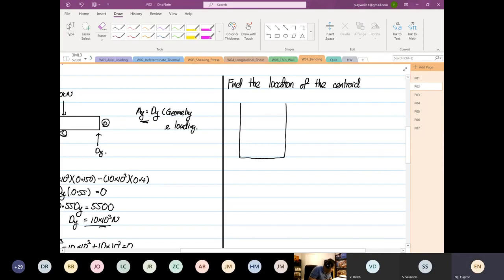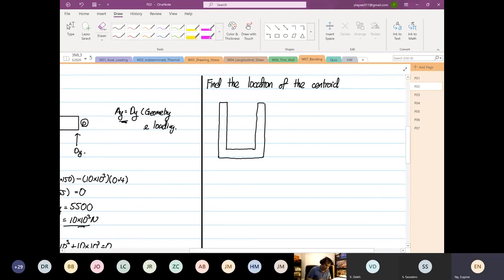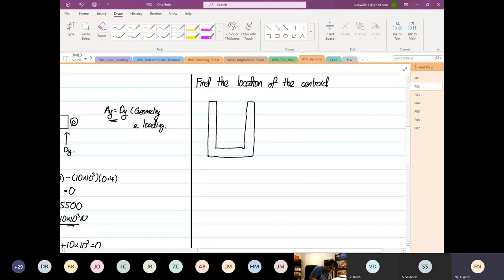For this case, it's not so straightforward where the centroid is. We have to find it. How are we going to find it? I think you guys have found centroids before. Am I right? We have done examples where you find the centroid. So this is your Y. This is your Z.